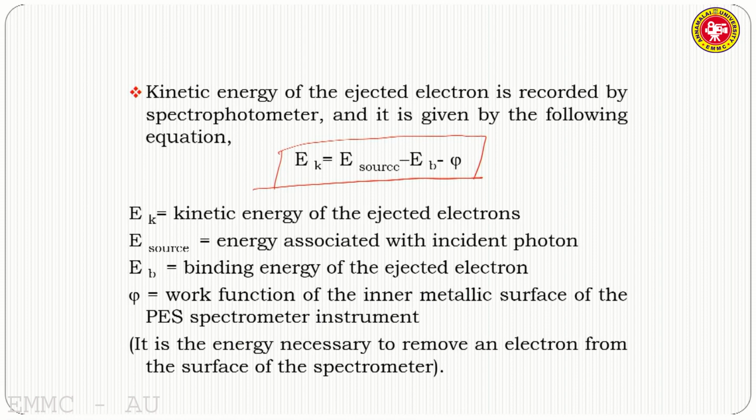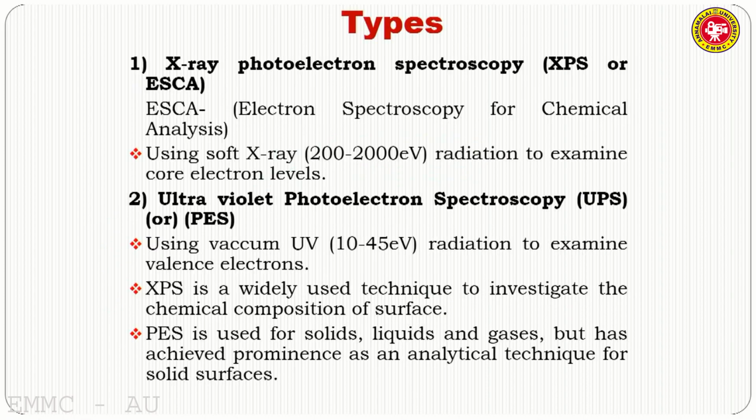Ek indicates the kinetic energy of the ejected electron, E source is the energy associated with the incident photon, E binding is the binding energy of the ejected electron. Phi is the work function of the inner metallic surface of the PES spectrometer instrument, that is, the energy necessary to remove an electron from the surface.